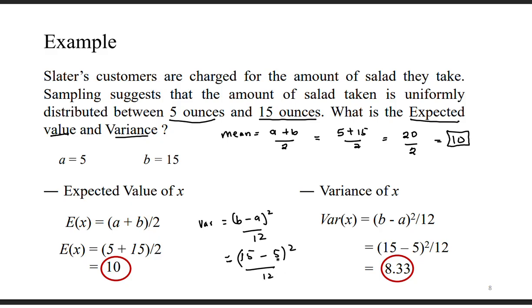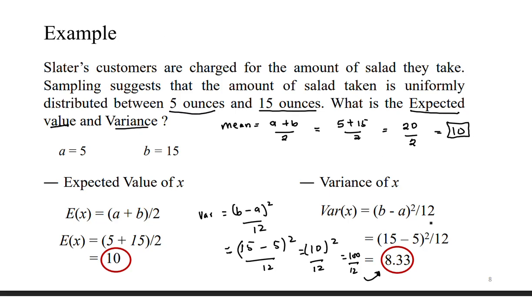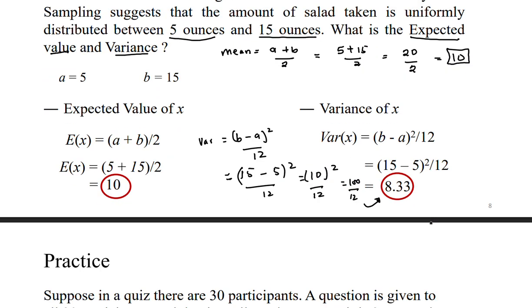So we're looking at 15 minus 5, that is going to be 10 squared divided by 12. And 10 squared we know is 100, divided by 12, and that will give us 8.3. So this is how we calculate the mean and the variance for a uniform probability distribution. If we want to find a standard deviation, how do we do that?